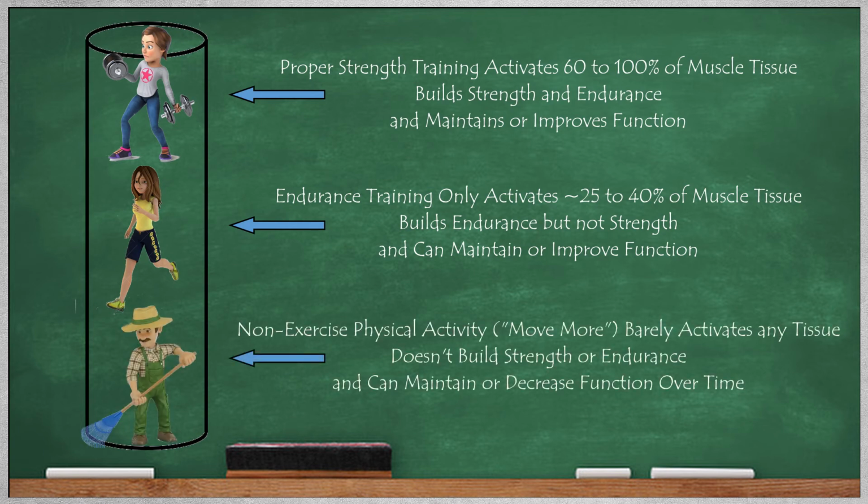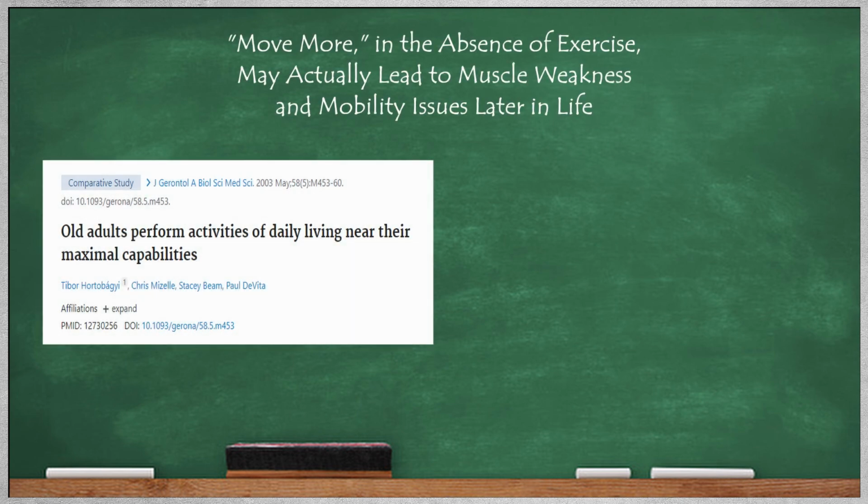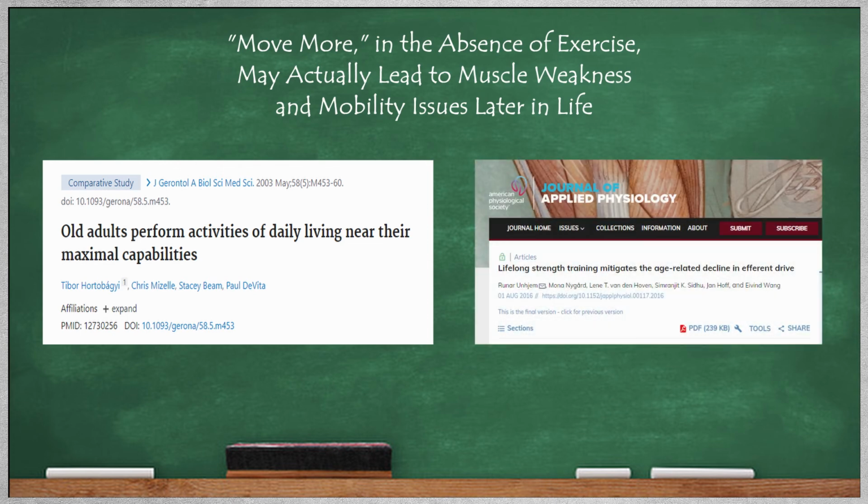And if all you're doing is moving more, less than 20% of muscle tissue is being used, and in most cases, is 10% or less. It's a primary reason why older adults perform activities of daily living near their maximal capabilities, and why there can be little difference in strength between recreationally active older adults and their sedentary counterparts.